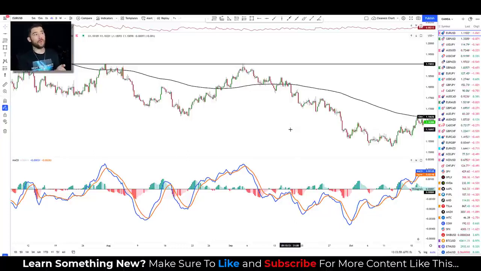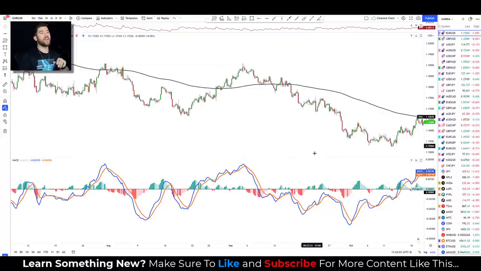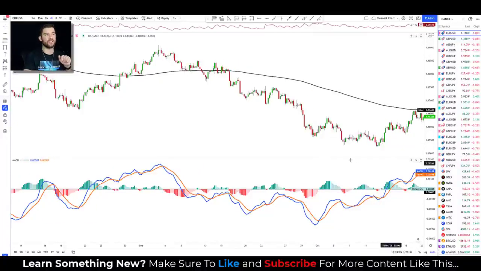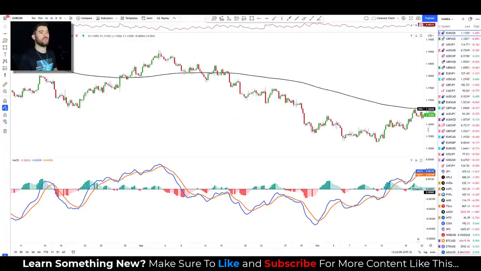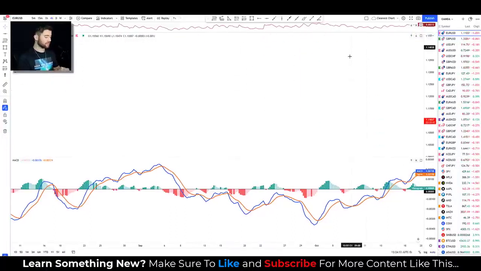Now, the third and final way is by far my favorite way to use the MACD indicator in confluence with my trading, and that is to wait for MACD divergence. Now, in case you are unfamiliar with divergence, I will do a very quick example of it.